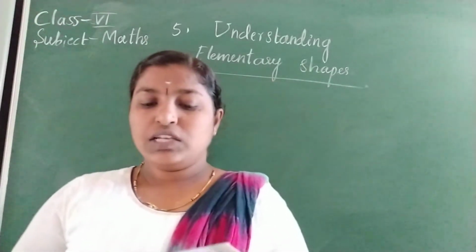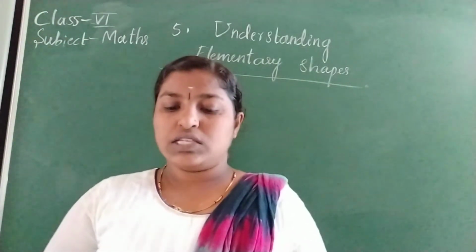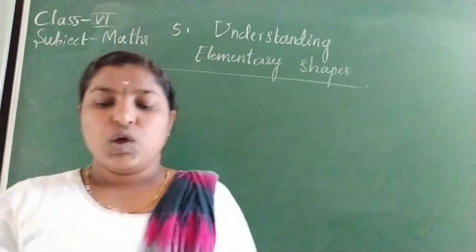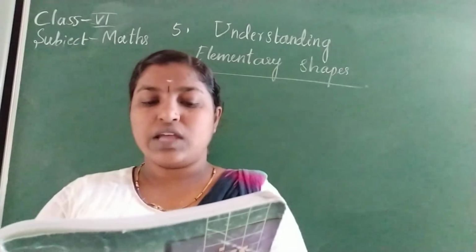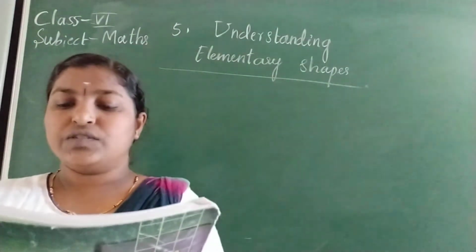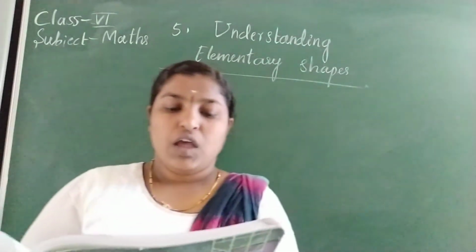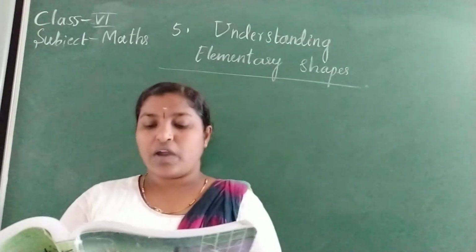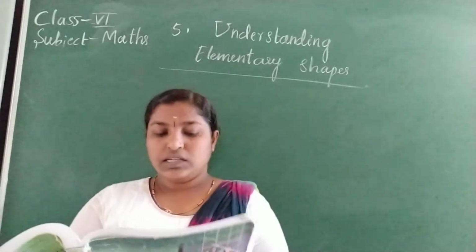Introduction. All the shapes we see around us are formed using curves or lines. We can see corners, edges, planes, open curves and closed curves in our surroundings.